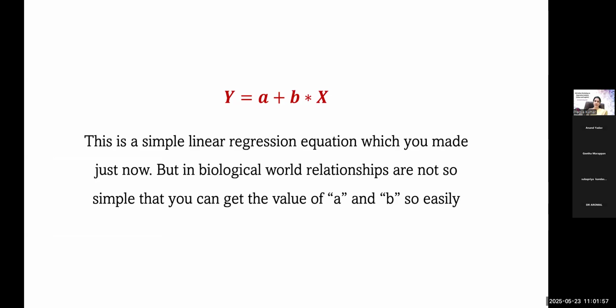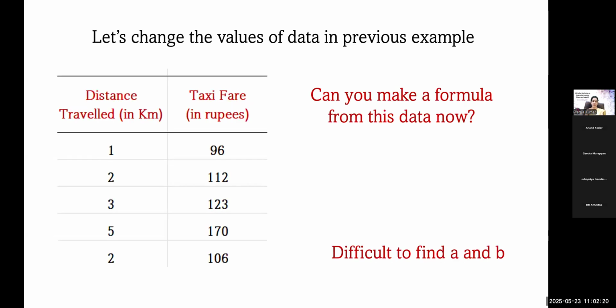So this is a simple linear regression equation, which we have just made from these 5 data points. But in the biological world, when you have a data set and many variables, it is not so simple to get the values of A and B easily. So we take the help of software to give these values for us.